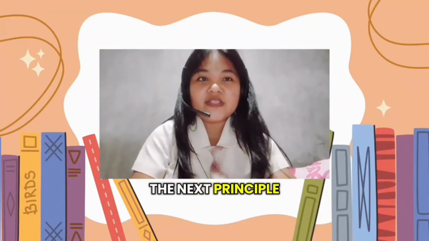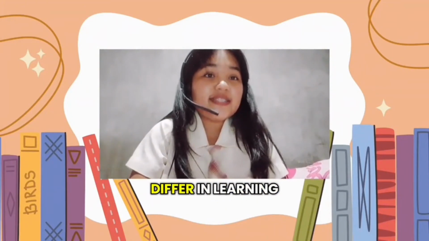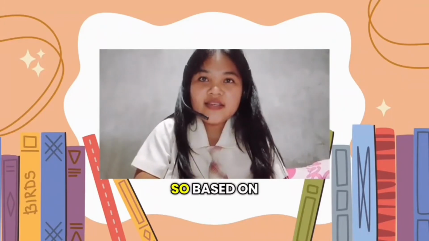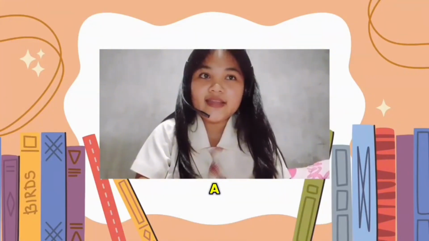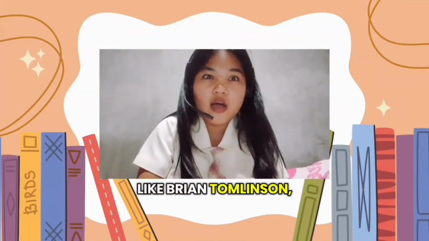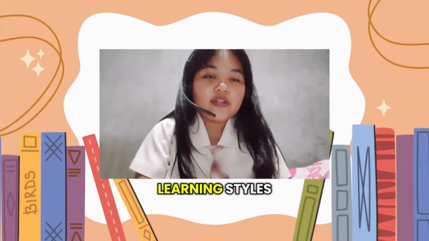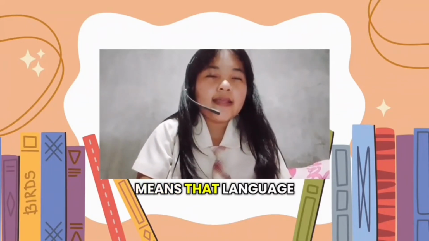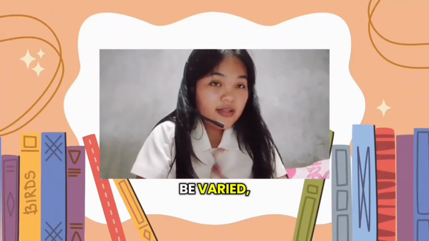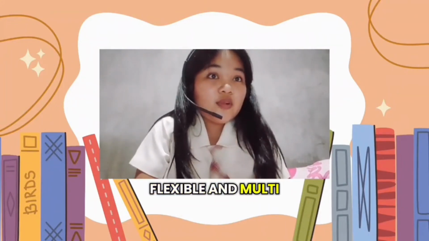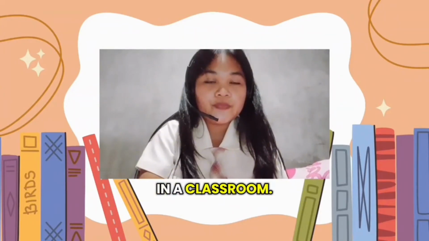The next principle is to take into account that learners differ in learning styles. So, based on the principles of second language acquisition or SLA defined by experts like Brian Tomlinson, the principle that learners differ in learning styles means that language instructional materials must be varied, flexible, and multisensory to effectively reach every student in a classroom.